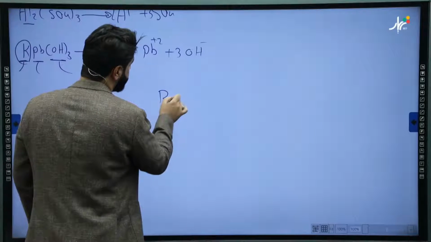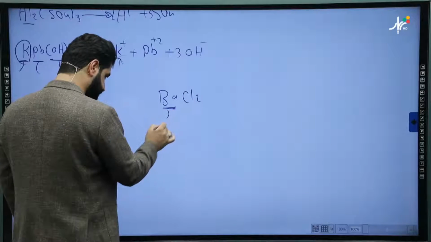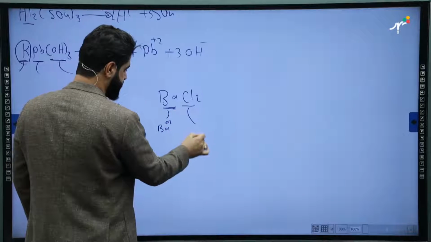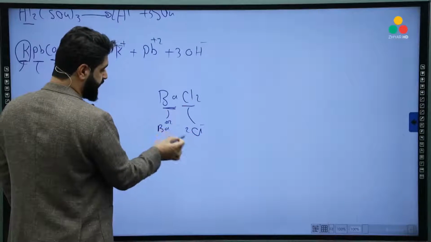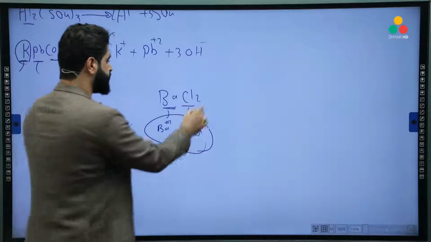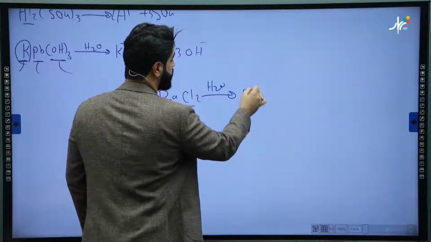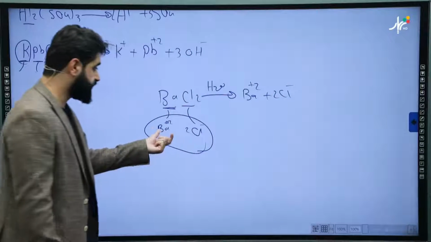As a quick way, we can make our calculation like this. BaCl2 contains Ba and it contains chloride. How many chlorides? 2. How many Ba? 1. So these are the products. You can write it like this: H2O, Ba2+ and 2 chlorides. It's very easy.